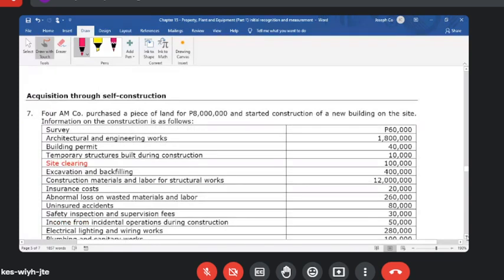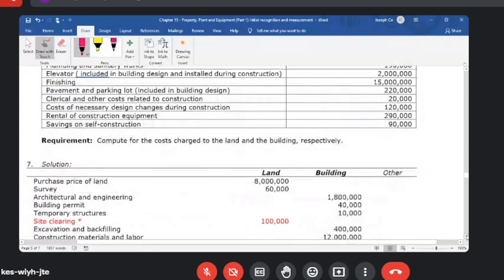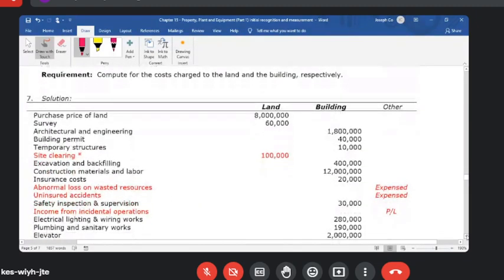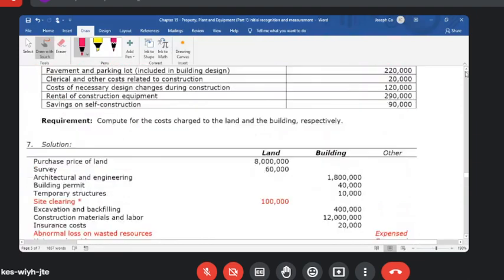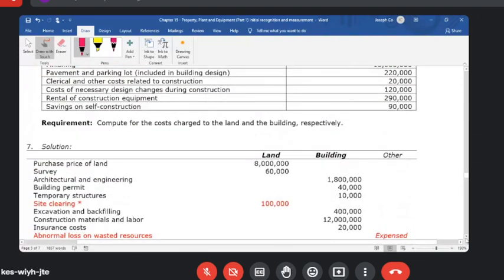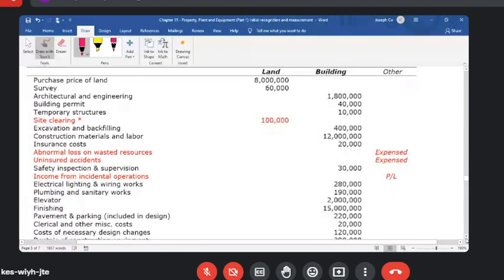And then for the self construction, the material, labor, and overhead, no? Okay, ngayon, no, saan natin ipapasok? Ganyan yung mga tanong, no? Kaya dapat alam nyo kung saan yung papasok. Purchase price of land, syempre land. May survey sa land.